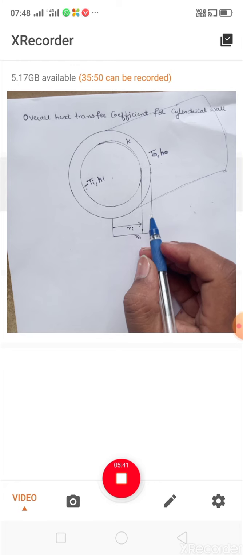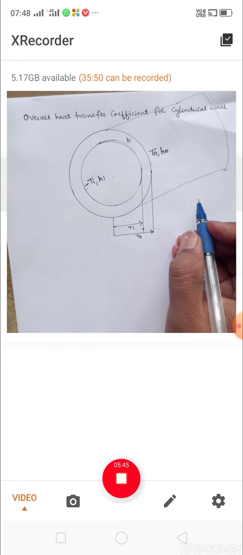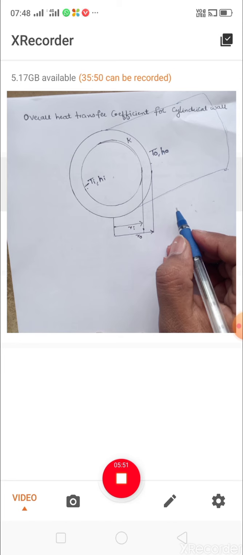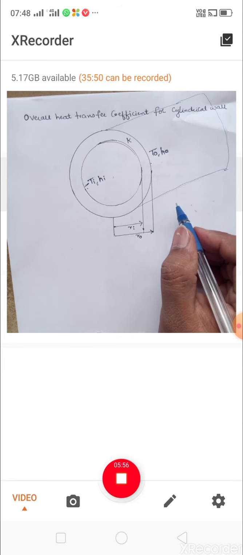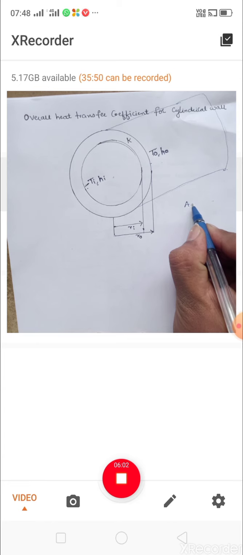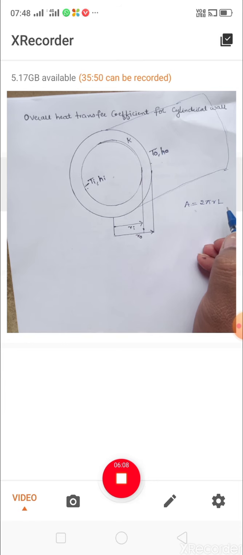In the plane slab, area A was constant with x, but in the case of the cylindrical system, the area A normal to the direction of heat flow, that is the surface area of the cylinder, is given by A equals 2 pi RL.